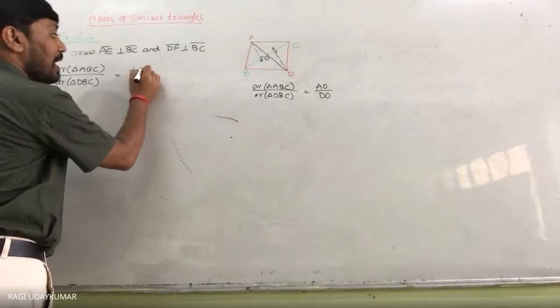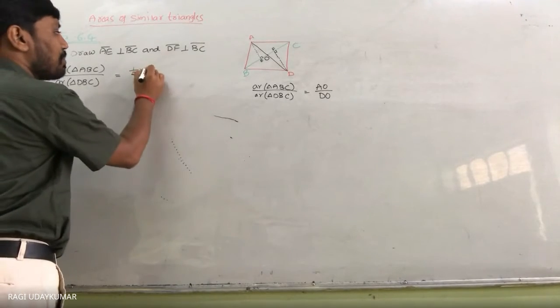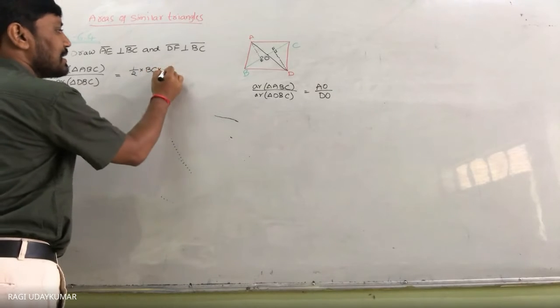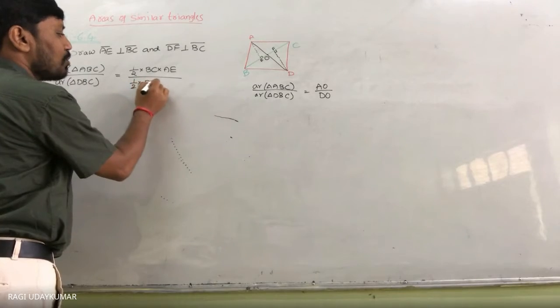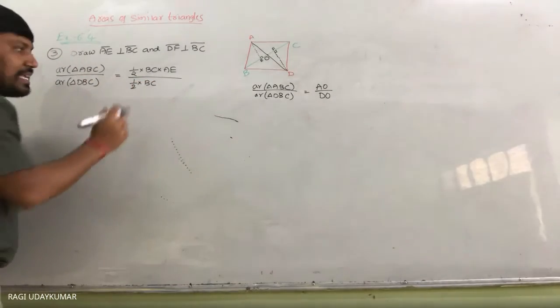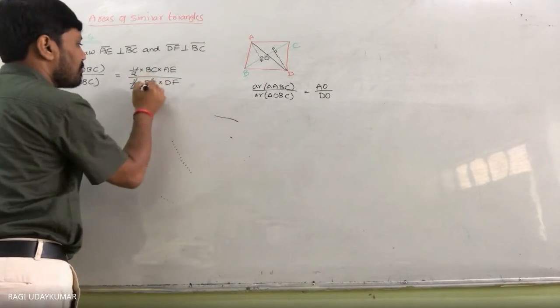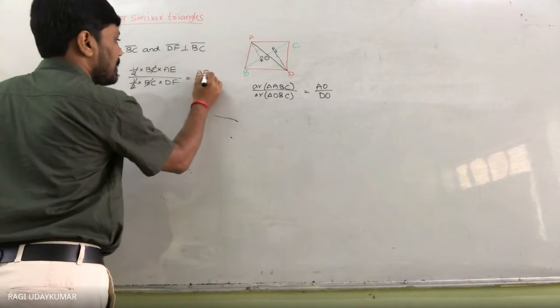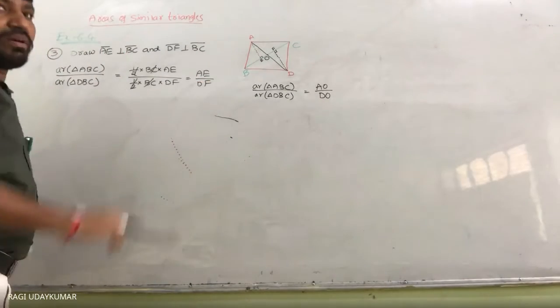Half into base into height also gives the area of the triangle. So half into base BC, and height is AE, divided by half into base BC, and DF is the height. So half BC will get cancelled. We get AE by DF, but we need to prove AO by DO.